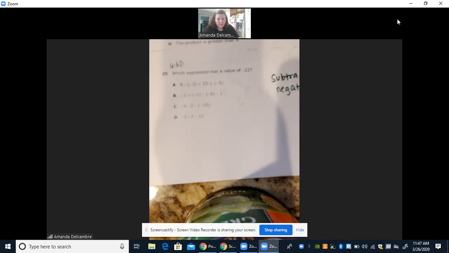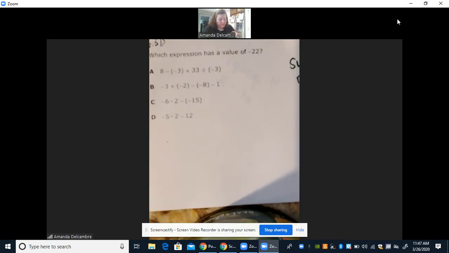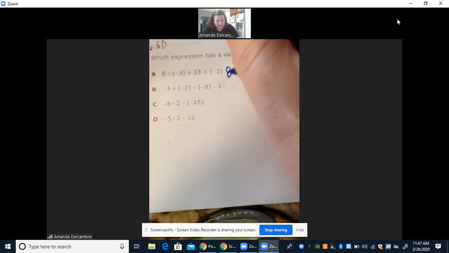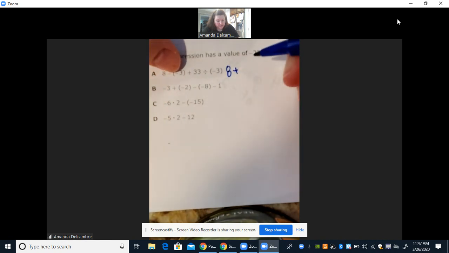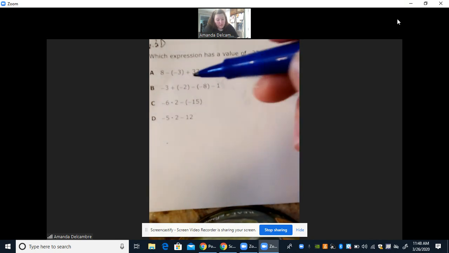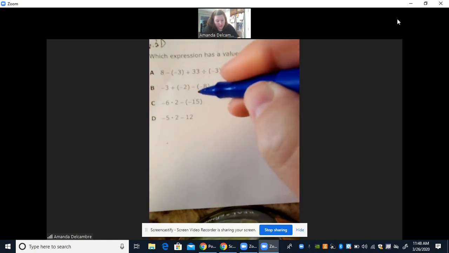Okay, so if we were rewriting this, let's look at letter A here. If I was rewriting that, that would be 8 plus the opposite of negative 3, which is 3, plus 33 divided by negative 3. Letter B, that would be negative 3 plus a negative 2 minus a negative 8.